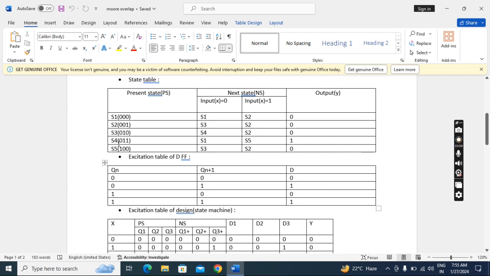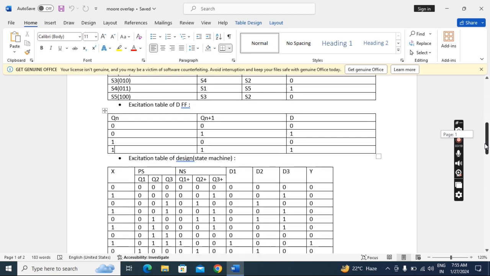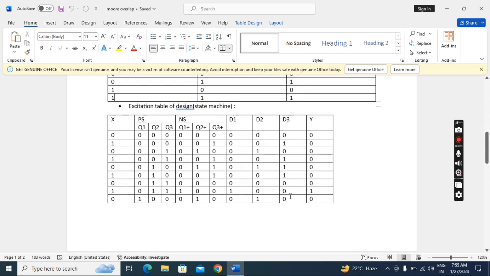So S4 means 0, 1, 1. Okay. And input is 1. So we have to look in the excitation table for 0, 1, 1. So this is 0, 1, and here input 1. At this place we are getting output 1. Remaining all places we can write 0. Okay, right.